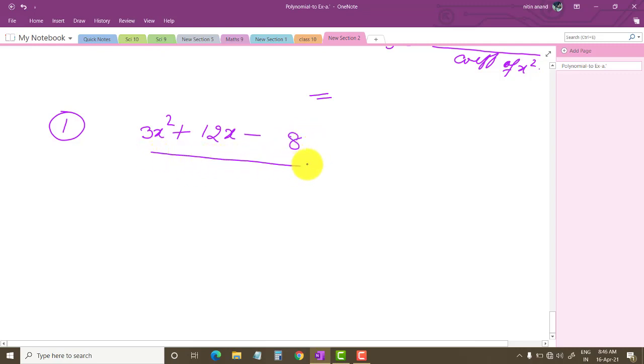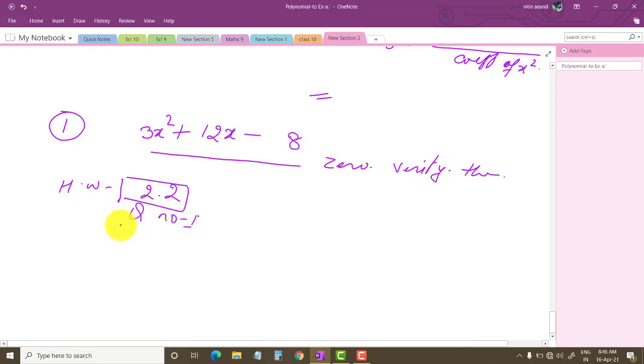Try to find their zeros and also verify that. And again, your homework should be exercise 2.2, question number first. Question number first is all based on this concept. Okay, thank you.